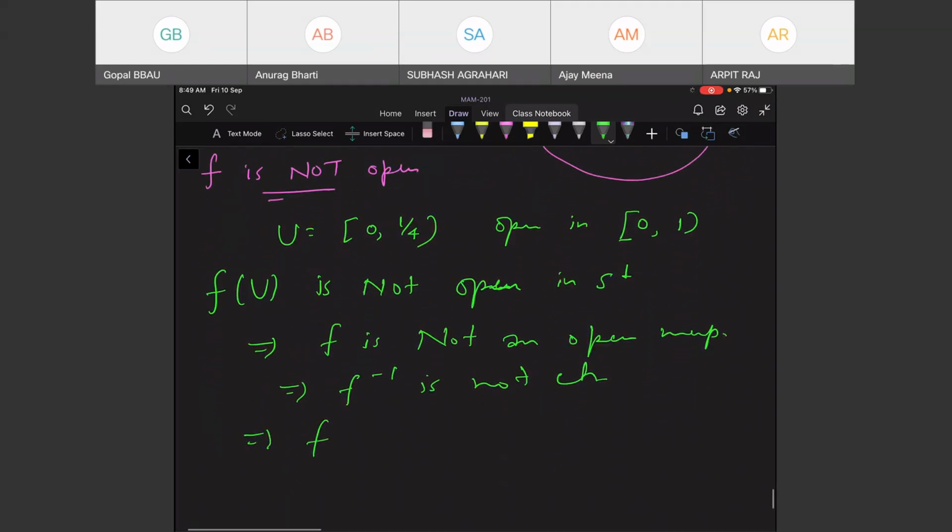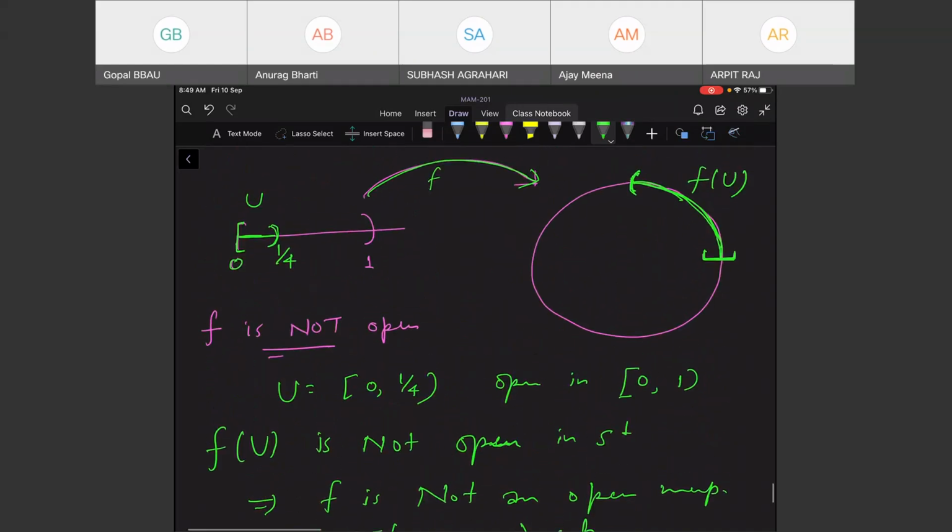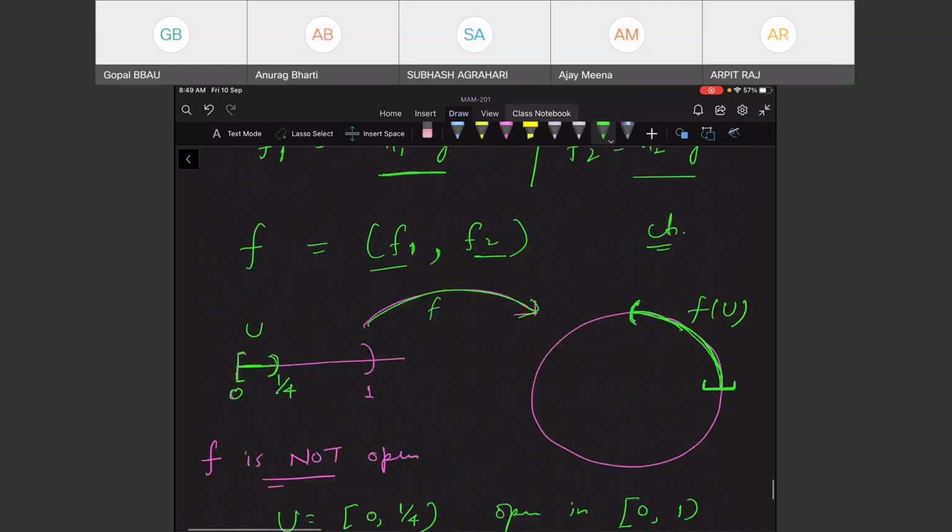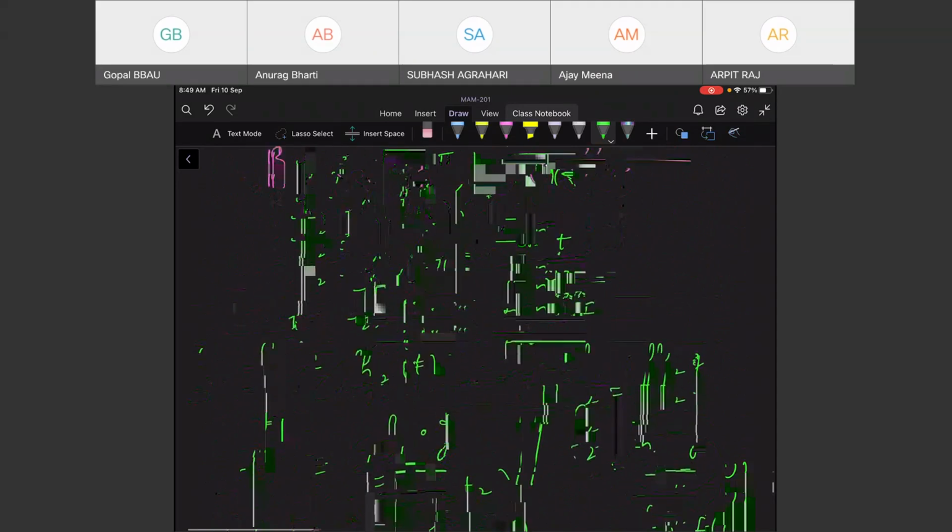This means F is not a homeomorphism. So the question was, find a bijective continuous map which is not a homeomorphism. Answer is either this map or the identity map to R. Okay, this is another example.